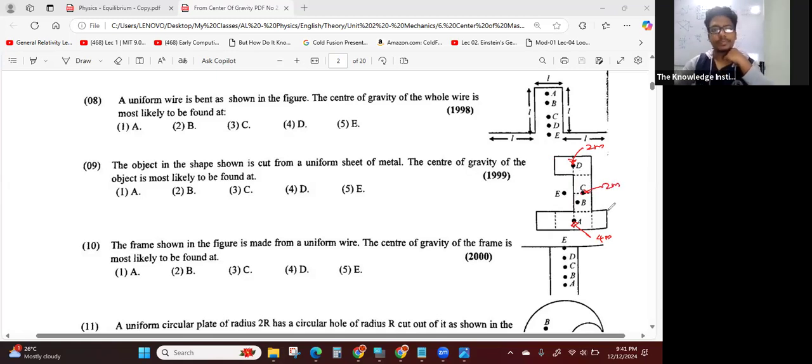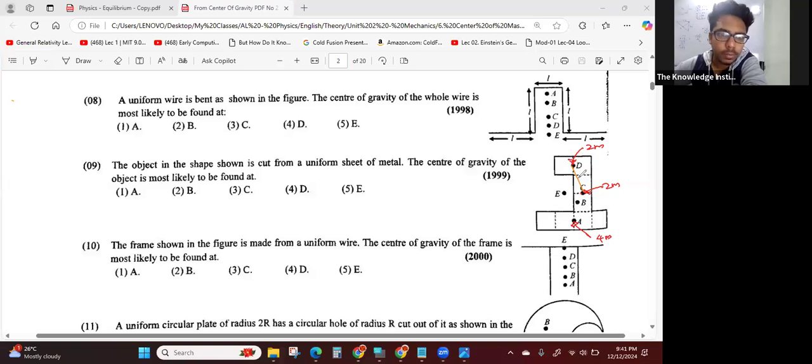Okay, so now I want to find the center of mass of the entire sheet. If I consider the center of mass of these two, D and C, I mean here 2m and 2m, it will be on the straight line connecting C and D at the midpoint, since the two masses are the same.